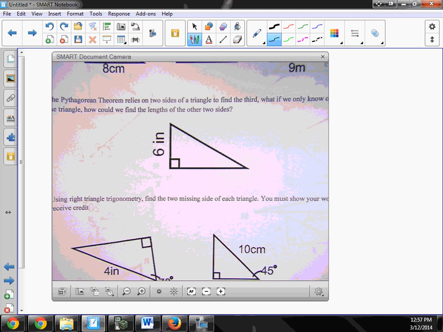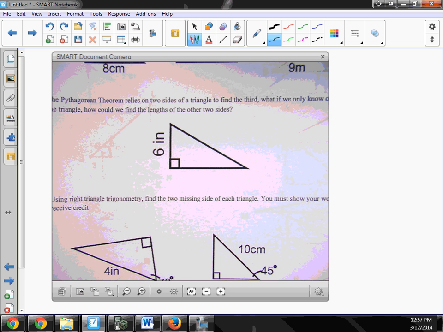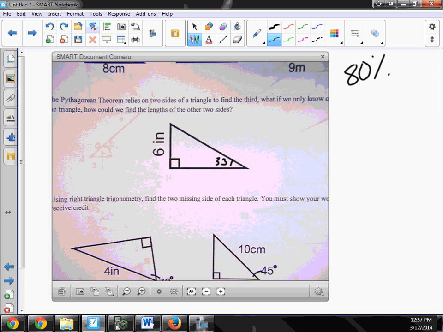Well, remember how I said that the ratios are tied to angles. Remember that 80% ratio I talked about? What was the angle it was tied to? It was 53. So if this is 53 degrees, then I could tell you what this is.